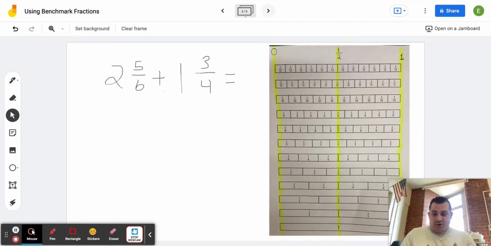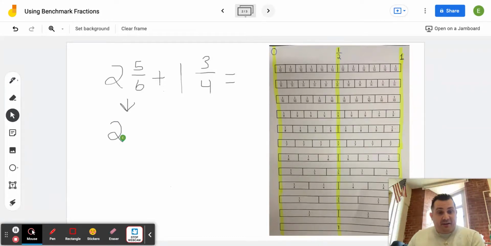So we're just going to look at that 5/6 and estimate it. Whatever we get as the estimate, we're just going to add to the 2 wholes. I don't have to shade in 2 wholes, because I know that's our whole. So 2 5/6. I'm going to put down my 2 wholes here.